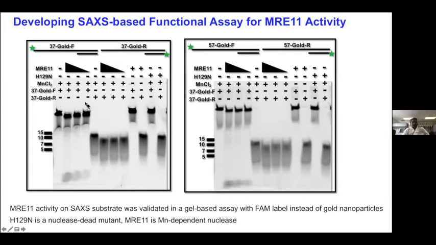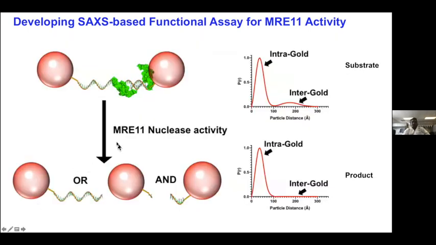First, we validated those substrates in our gel-based assays, where instead of gold nanoparticles, I have fluorescent labels. So MRE11 would cut those substrates, and you get the products. So I'm just going to show you the model. What we are trying to do here is, when you build a PDDF from this gold-based assay, you get two peaks in the PDDF distribution, one corresponding to intra-gold distances and one for the inter-gold distance.